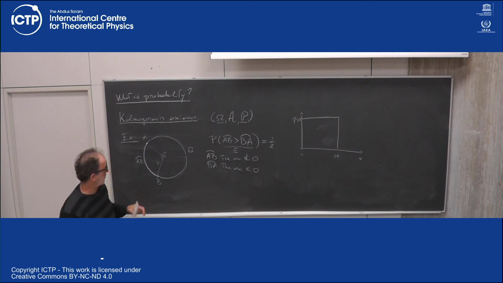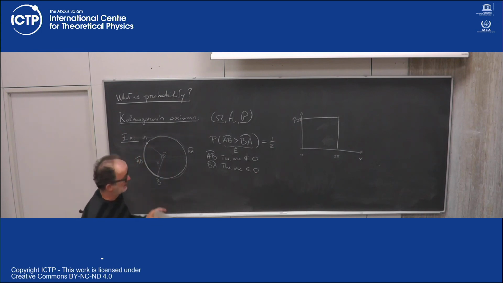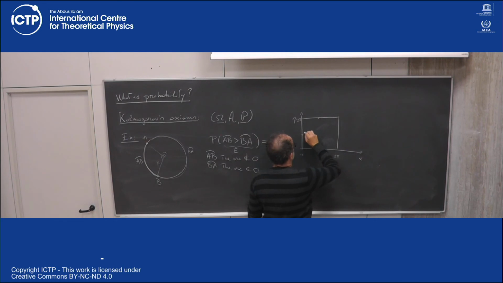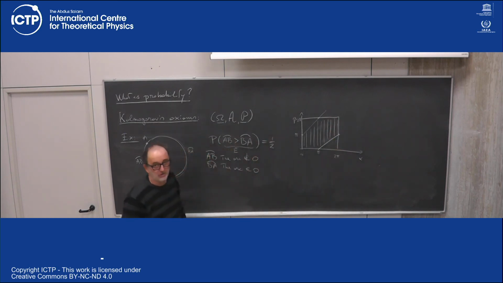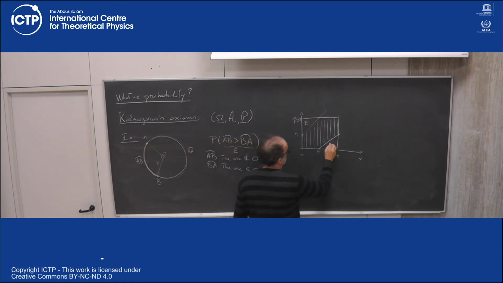And you have to work a little bit with these angles, but in the end what you find out is that if these two angles are between these two lines, are in this region here, then this event does not occur, okay? So this event E is the union of this part and this part.